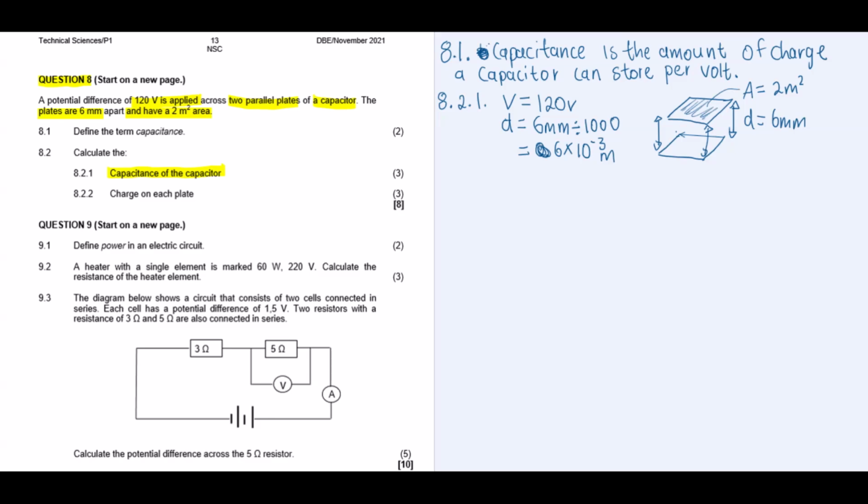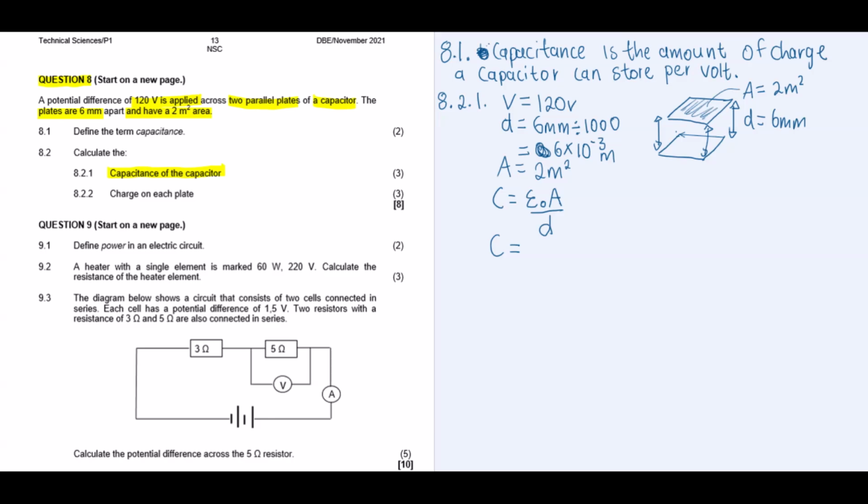Now we have the voltage, the distance between the plates, and the area, which is in meters squared, the correct SI unit. Which formula are we going to use? The capacitance is equal to epsilon naught A over d, because we have the area and the distance.